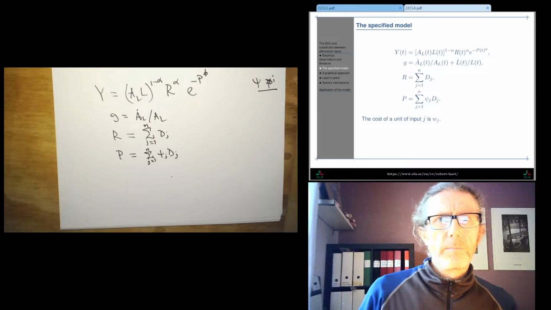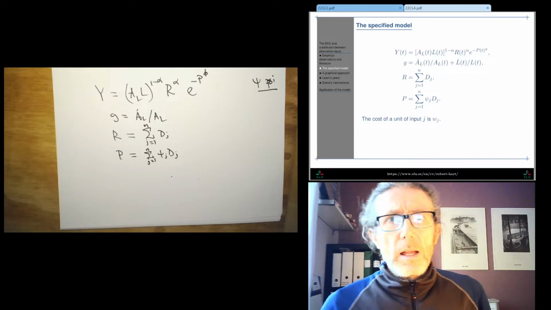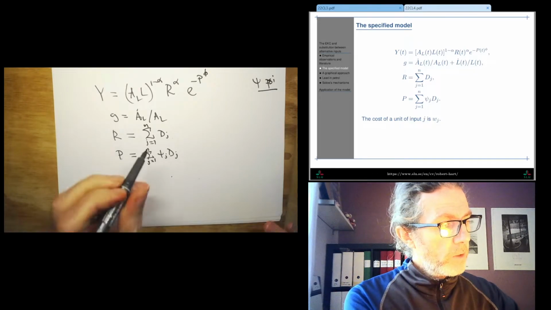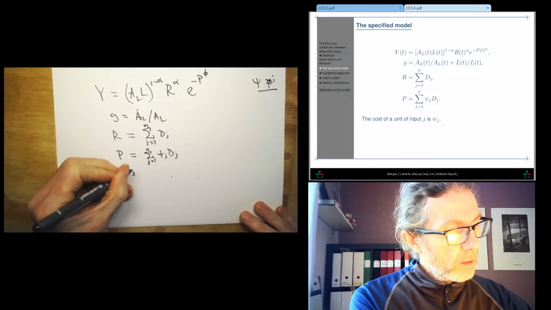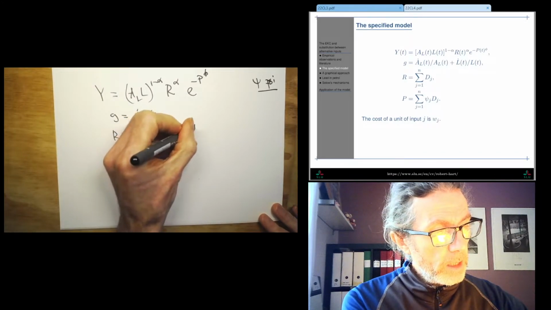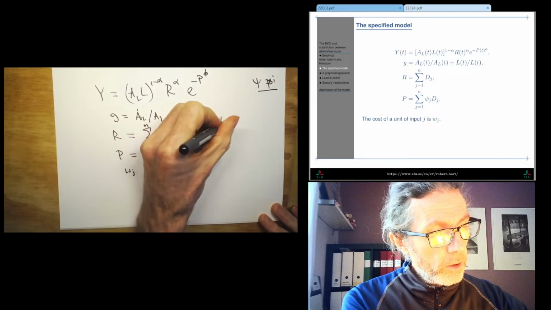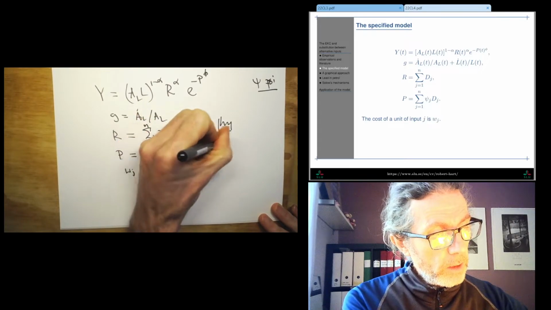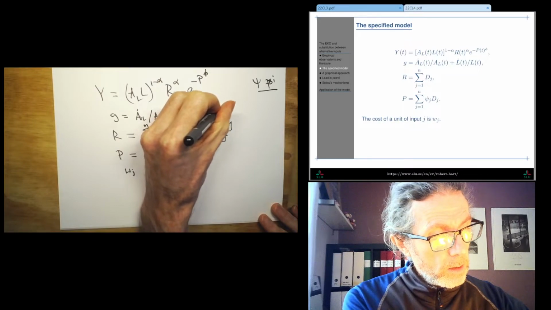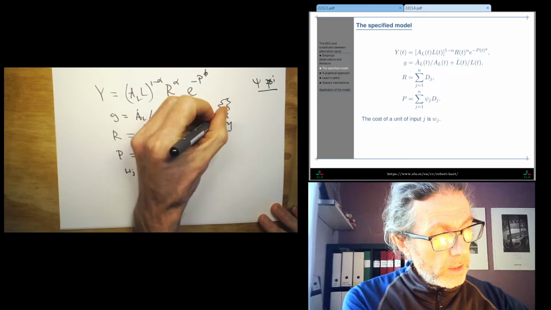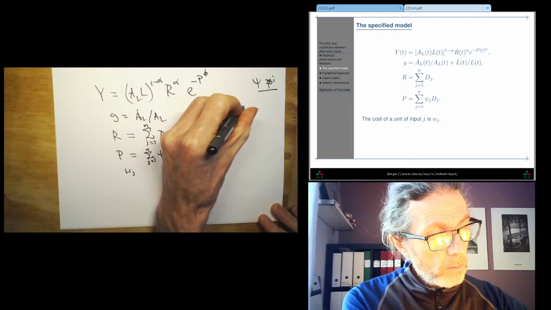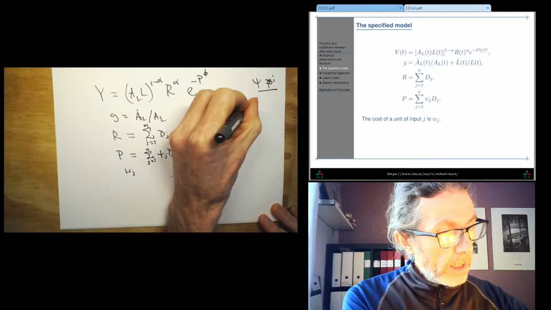Okay. And the unit cost of each of these is Wj. So we've got exactly the picture I drew in the last slide, right?